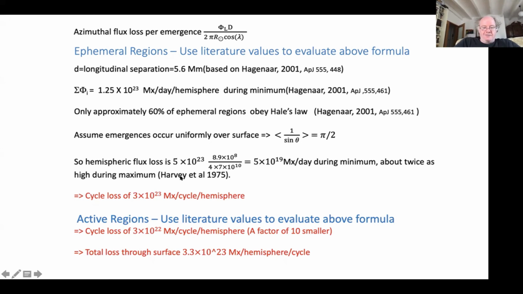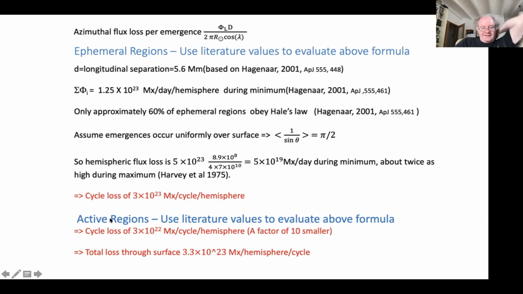You do the numbers: multiply this by 365, and the factor of 2 because we're looking at maximum, and then average with the minimum value. In any case, you get a cycle loss of 3 times 10^23 Maxwells per cycle per hemisphere.